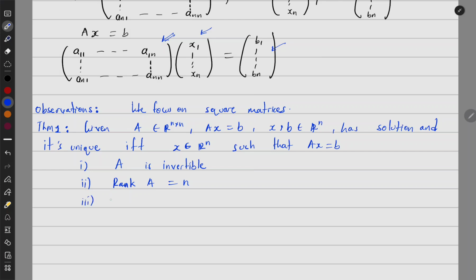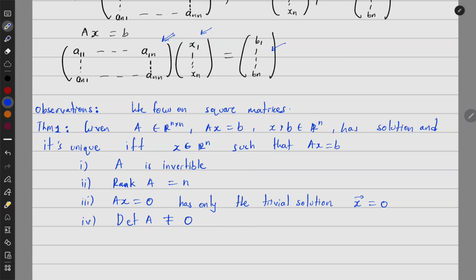We also state that Ax = 0 has only the trivial solution, x = 0. And the other thing that we consider is that the determinant of A is not equal to 0.